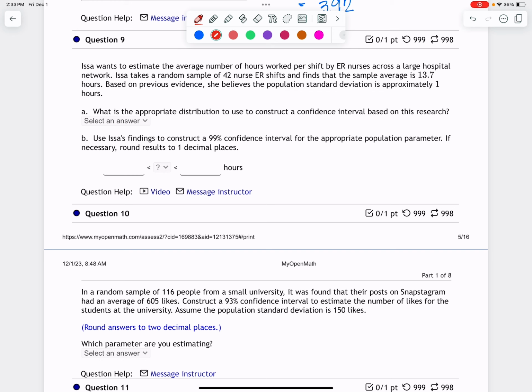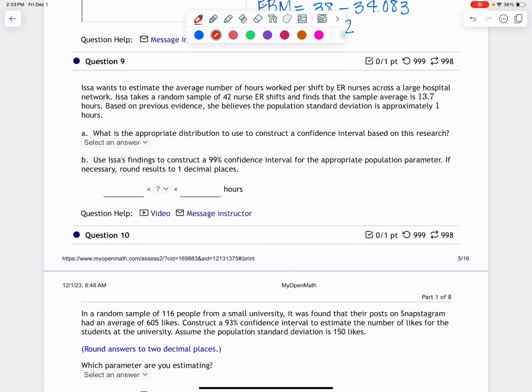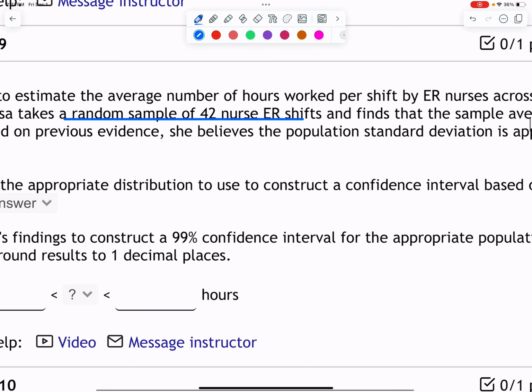We can talk briefly about 9. We probably won't go through the whole problem. Isa wants to estimate the average number of hours. So right here, we know we're talking about means. We have a random sample of 42.